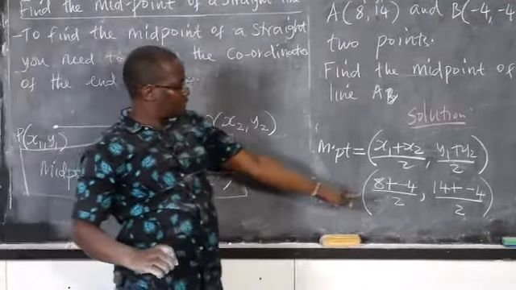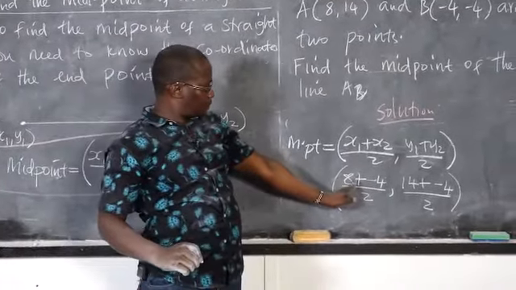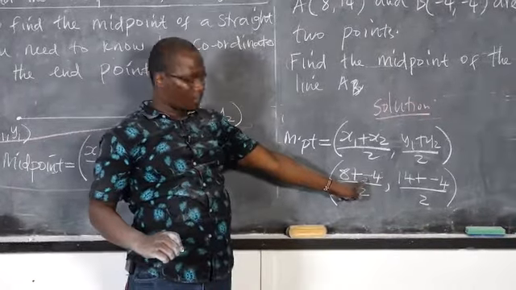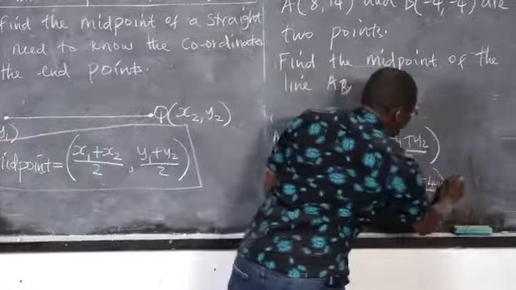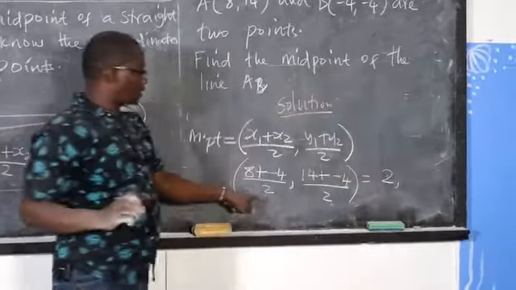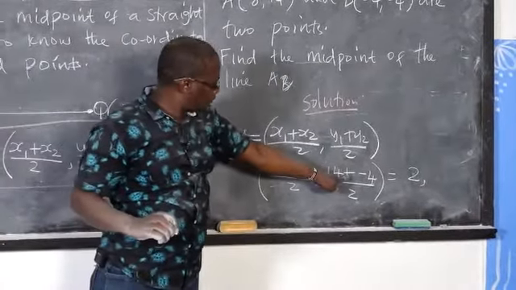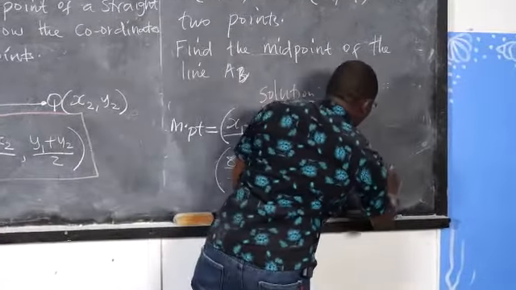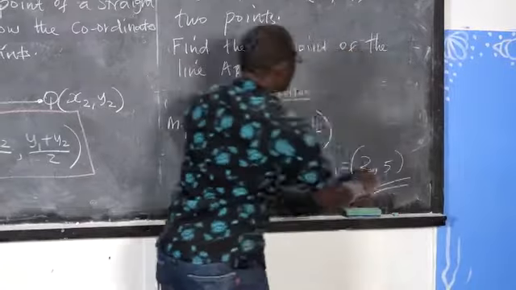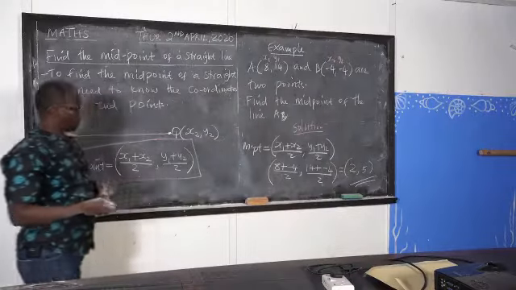So just note that plus and positive times negative is negative. So this simply means 8 minus 4, which is 4 divided by 2, will give you 2. You can use your calculator. 14 plus -4 simply means 14 minus 4 gives us 10, divided by 2 is 5. So that's the coordinate of the midpoint, as simple as that.